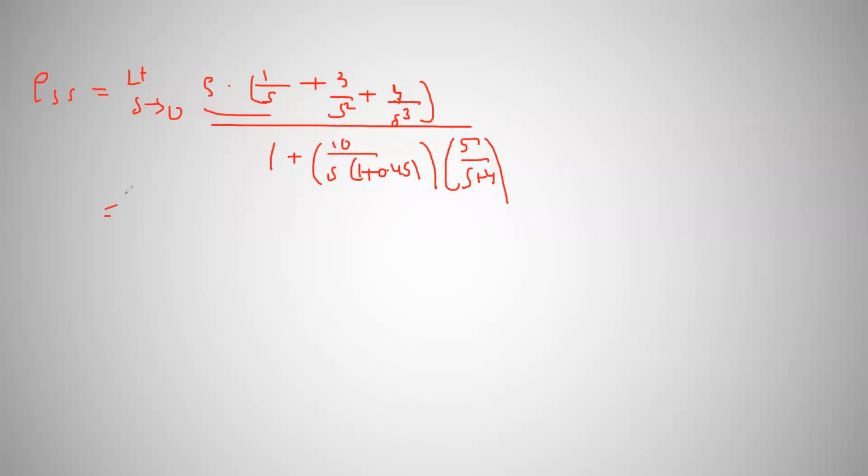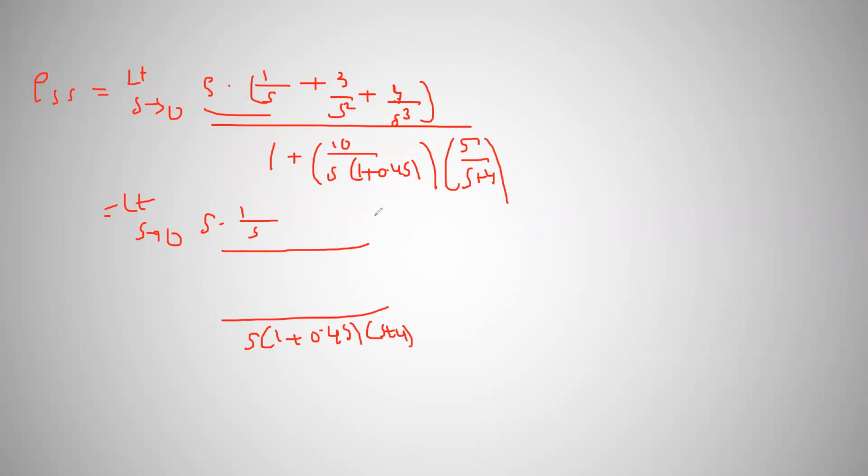So limit s tends to 0, s into 1 by s, divided by, taking the LCM in the denominator, s into (1 plus 0.4s) into (s plus 4) plus 10 into 5, so 50.